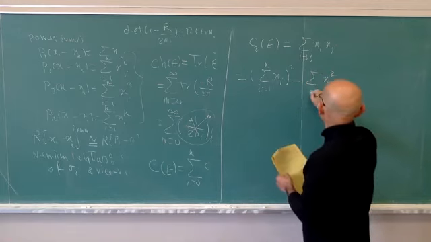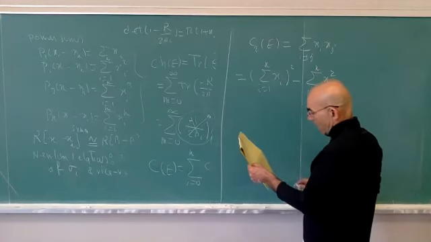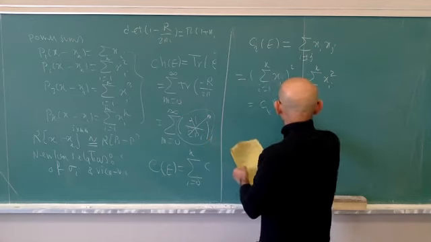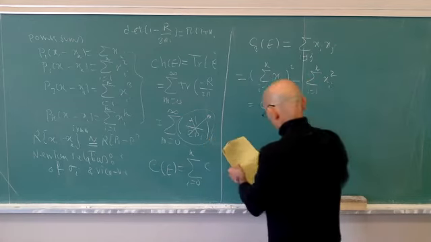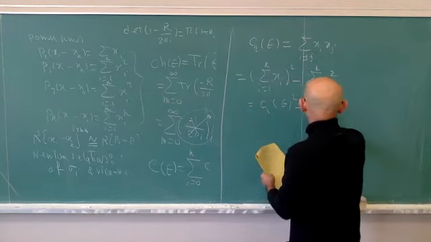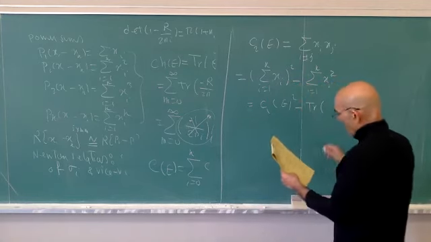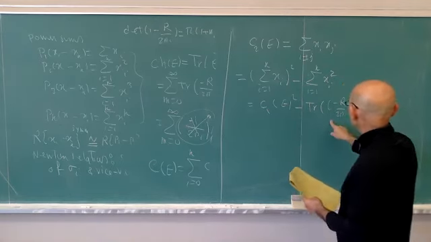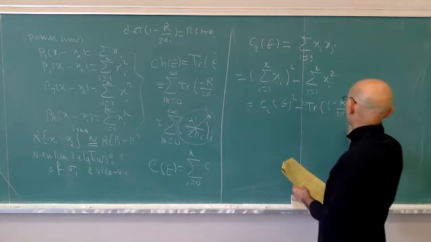Now this is of course c1 of E squared minus this guy, the trace of minus r over 2 pi I squared. I mean, this is the second component of the Chern character.